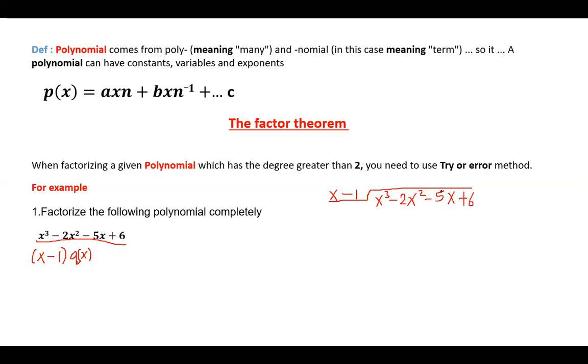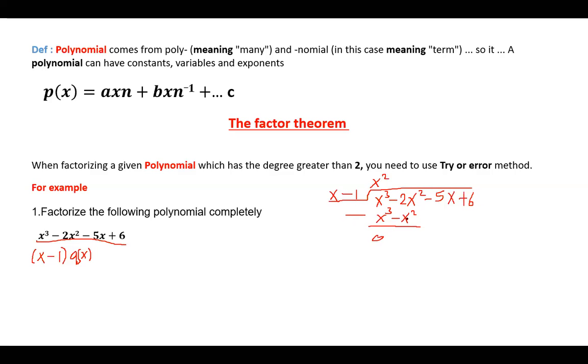Now we start dividing x into x cubed, you get x squared. x squared times x, you get x cubed. x squared times negative 1, you get negative x squared. And then here what you do is you subtract. x cubed minus x cubed, you get 0.